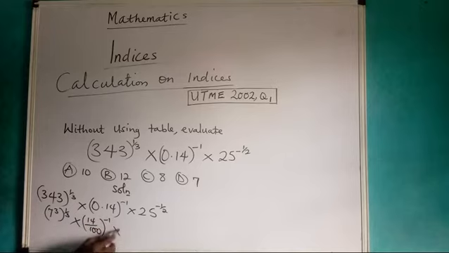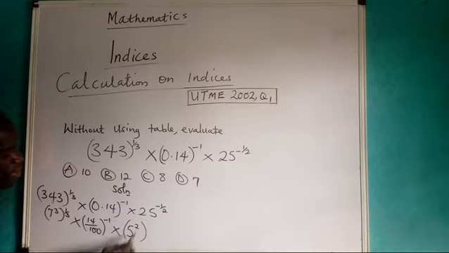While for this one, I can reduce the base to 5, and I will have the power 2, and the negative fractional index will be outside the bracket.